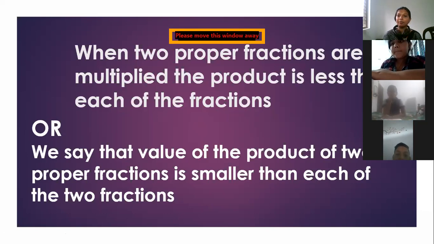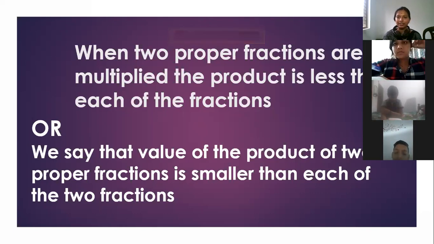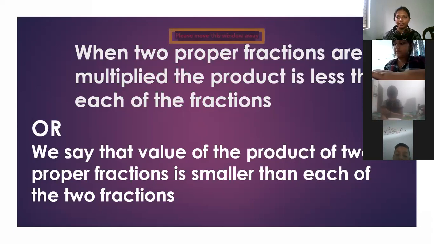The same statement is rearranged in terms of the value of the product. The value of the product means that product's value. We have calculated it. The value of 1 by 5 is 0.2. So the value of the product of two proper fractions is smaller than each of the two fractions.